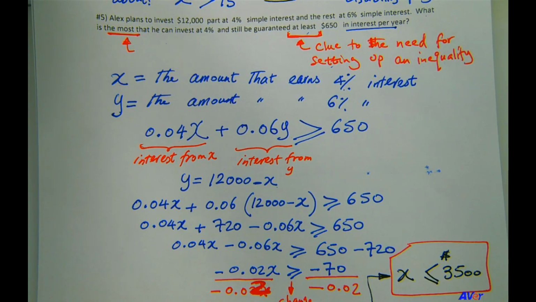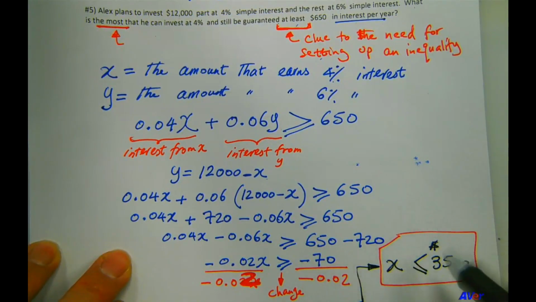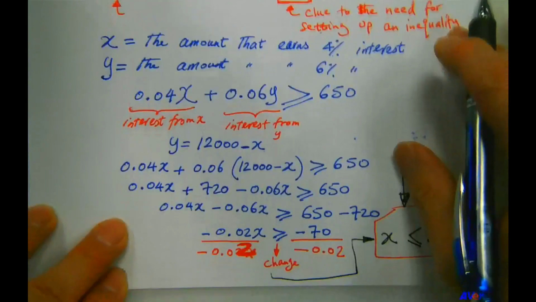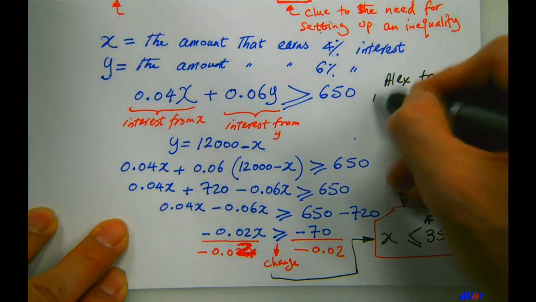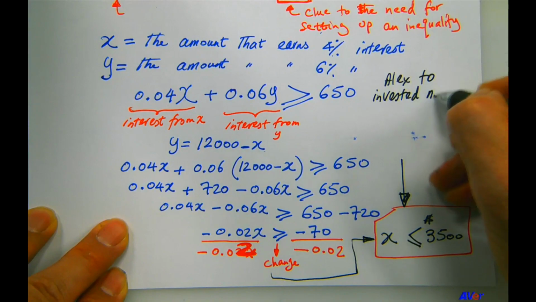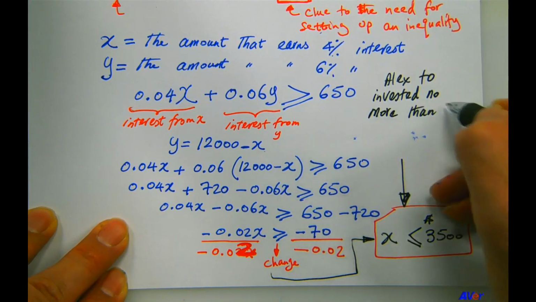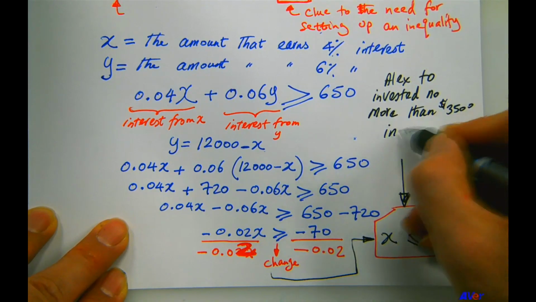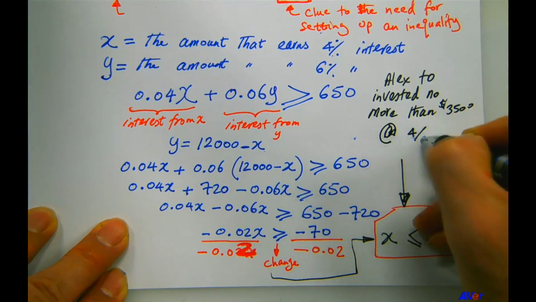Okay, so that's that. So we can actually describe this. So let's put that. So Alex to invest no more than $3,500 at 4%.